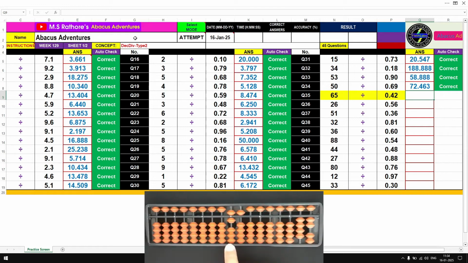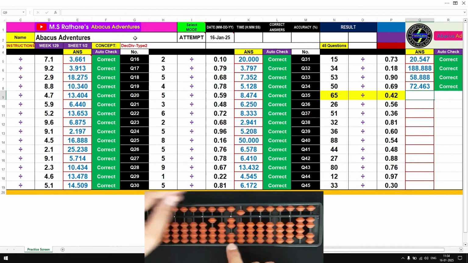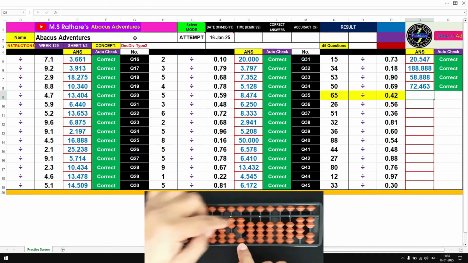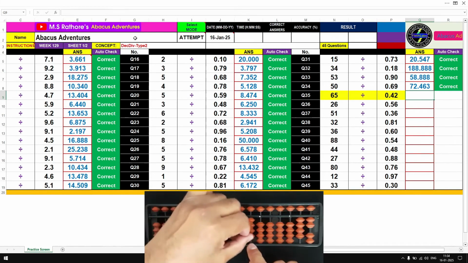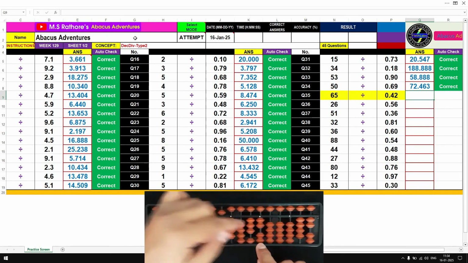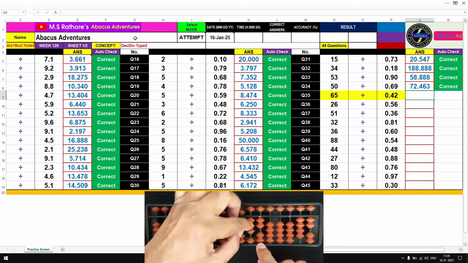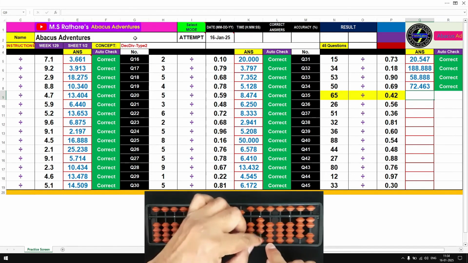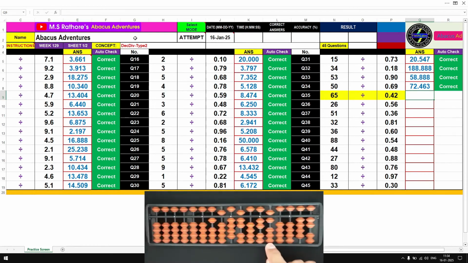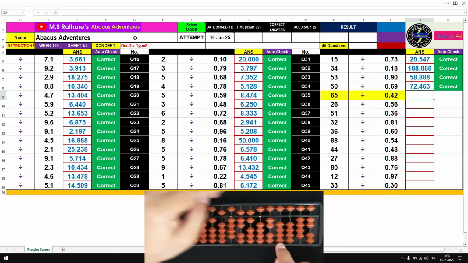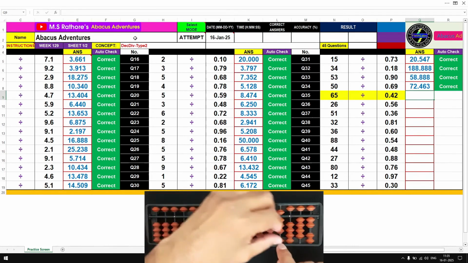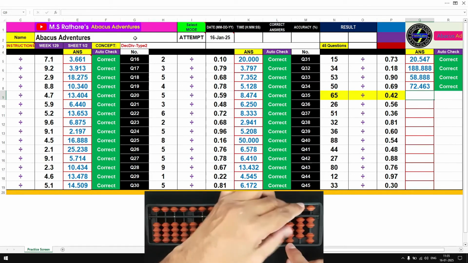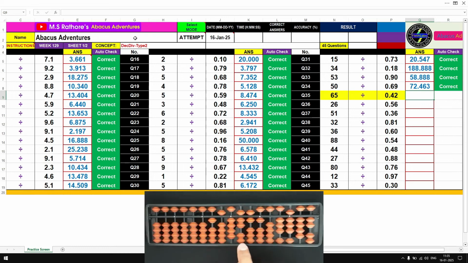My finger is below 6. 4 ones are 4, shifted, 2 ones are 2, new number is 23. 4 fives are 20, 2 fives are 10, new value is 20. 4 fours are 16, shifted, 2 fours are 8, new number is 32. 4 sevens are 28, finger shifted, 2 sevens are 14, 26 is the new value. 4 sixes are 24, shifted, 2 sixes are 12, new value is 8. 4 ones are minus 4, shifted, 2 ones are minus 2, and the answer is 154.761.